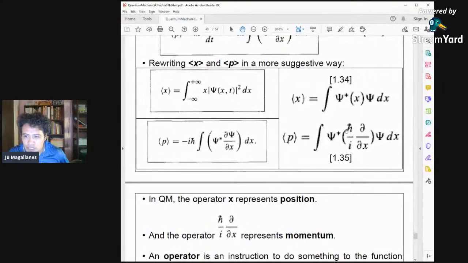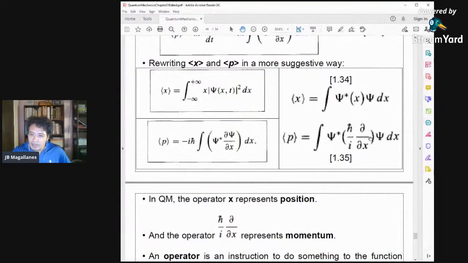And the momentum is represented by this expression, which is just a derivative with respect to space. This is one dimension, so you have x. So the partial differential with respect to space times h bar over i is just the momentum operator in quantum mechanics.